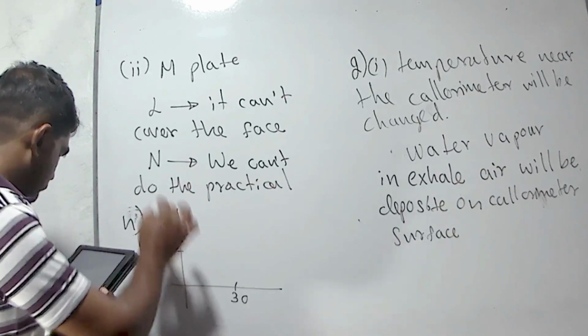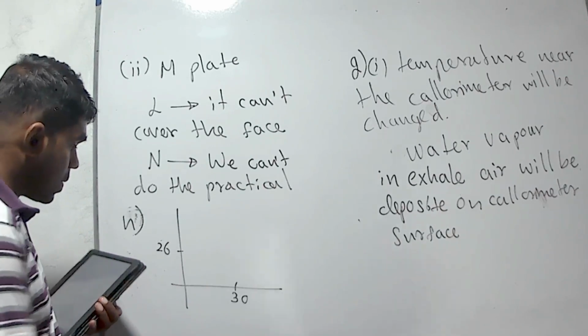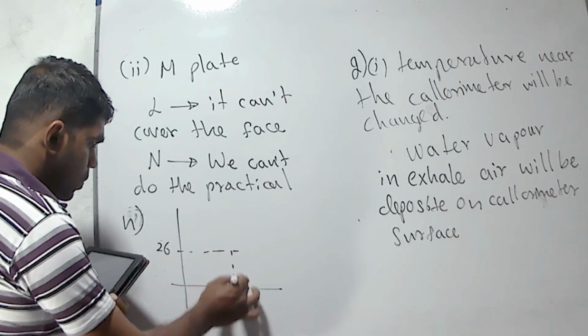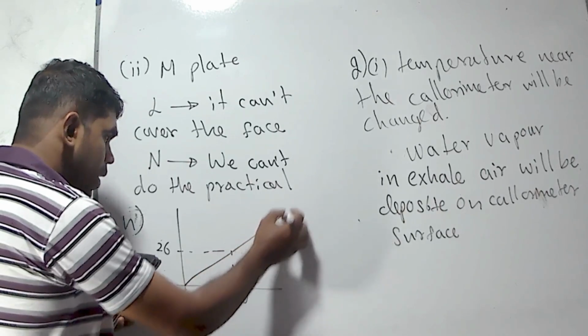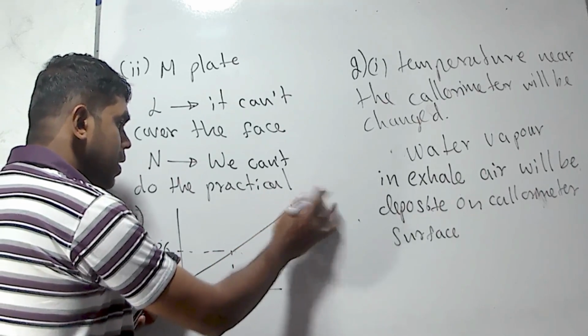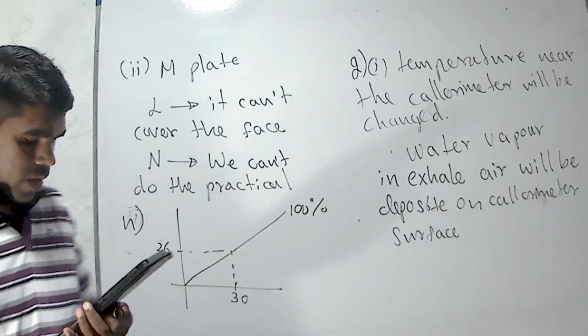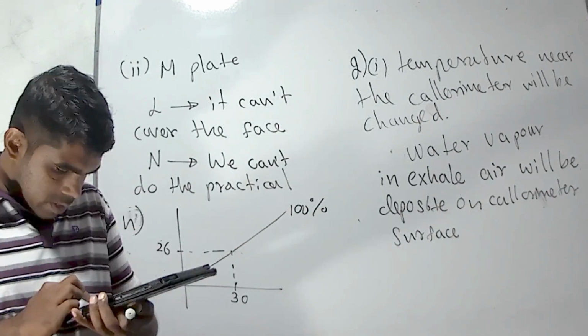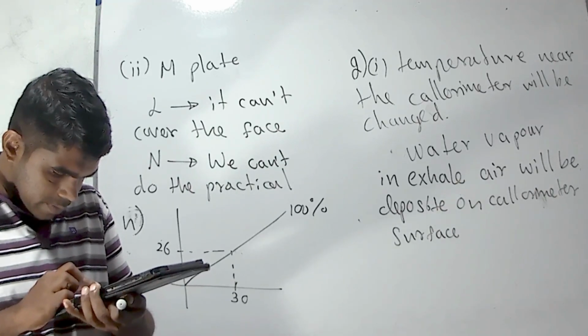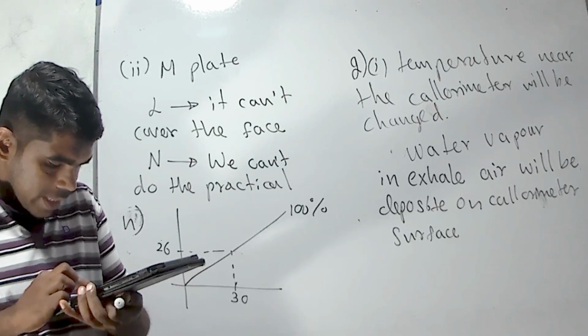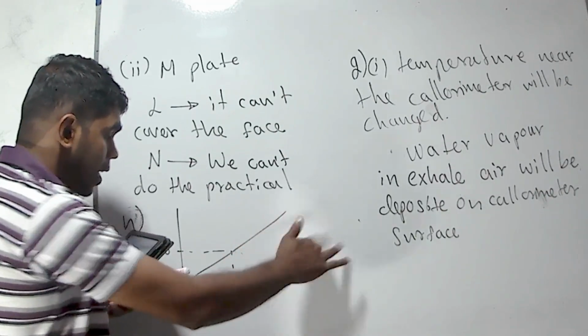Then we have to get 26 from the y-axis. We have to find the relative humidity, not the 100% line.